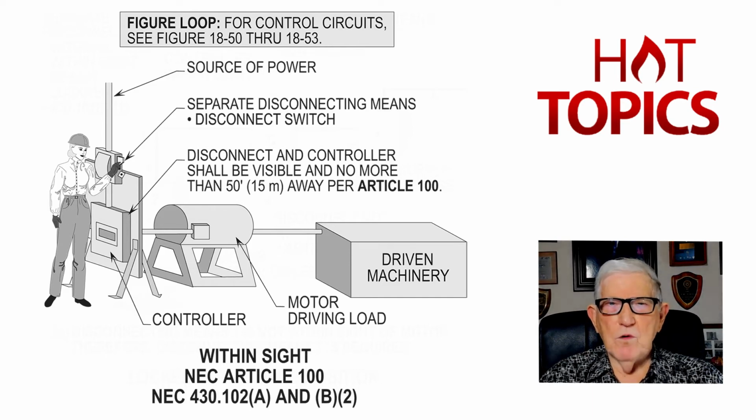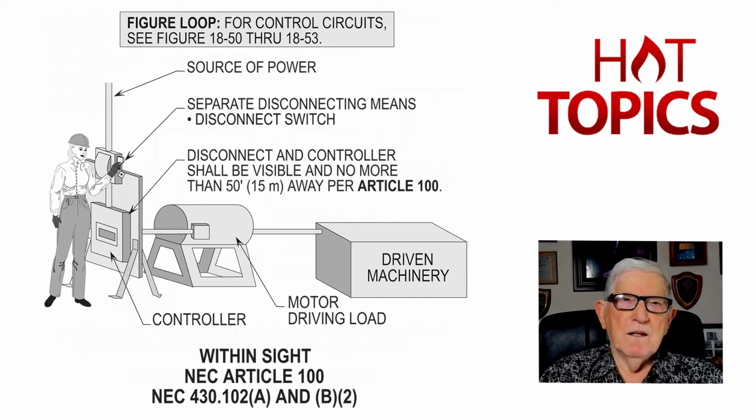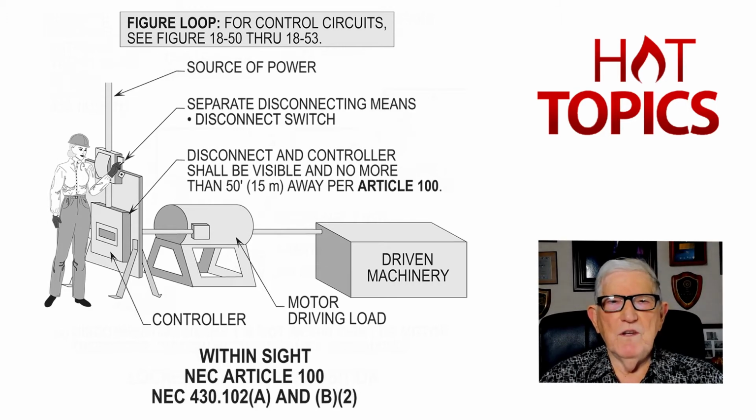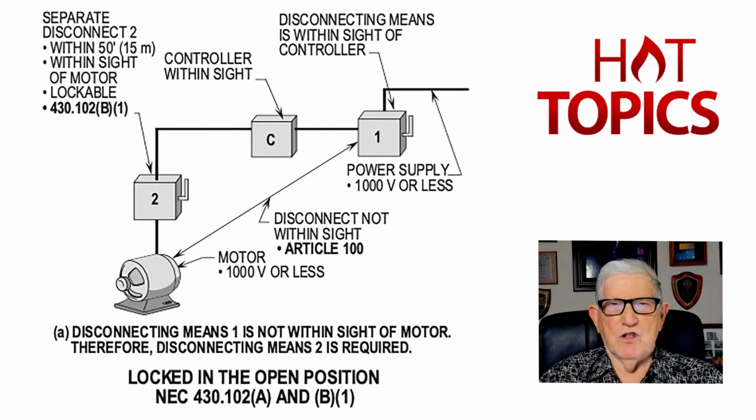And as long as we're within 50 foot, the controller, the motor, and the driven machinery, then one disconnect would comply with the code, as we would see when we applied 430.102A and B2.